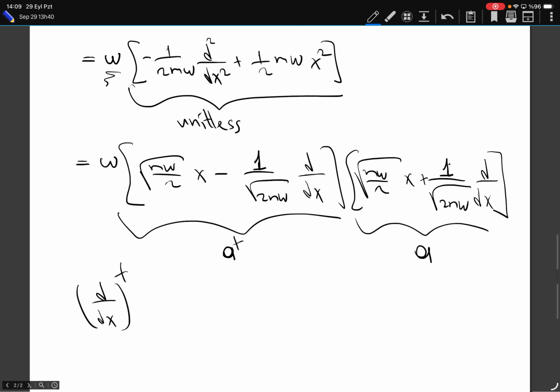That's why we are putting i, so that it becomes Hermitian. Here I have a Hermitian operator, and here I have another Hermitian operator. One is plus i, the other one is minus i. So if I take the dagger, one becomes the other one.